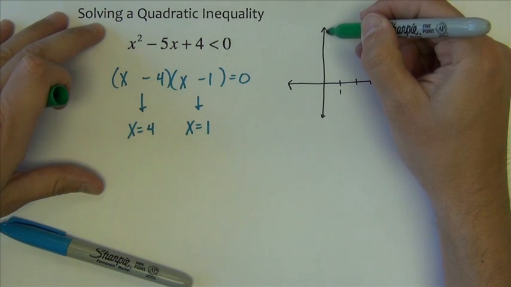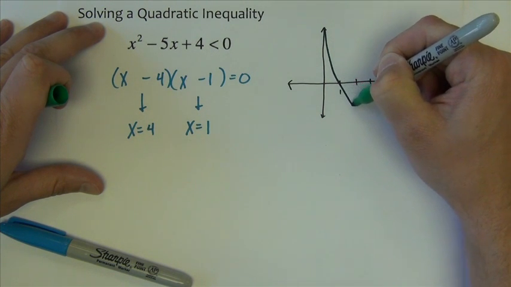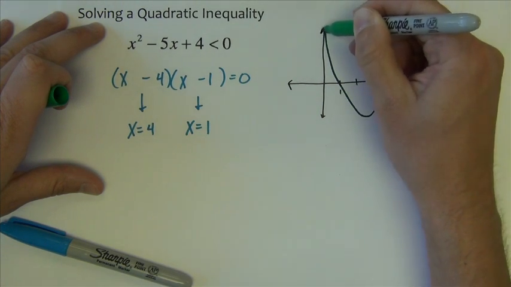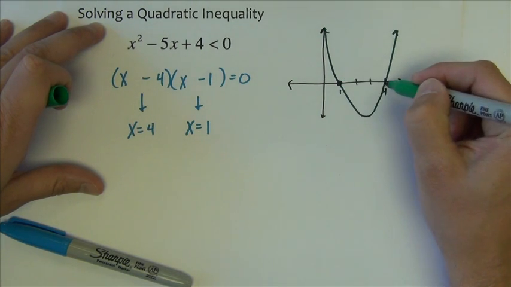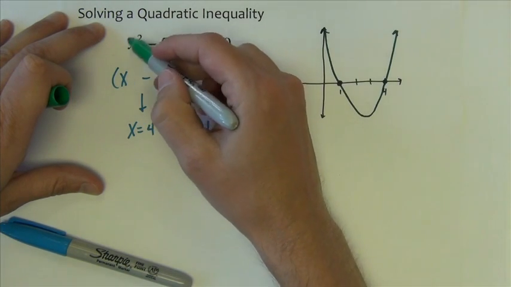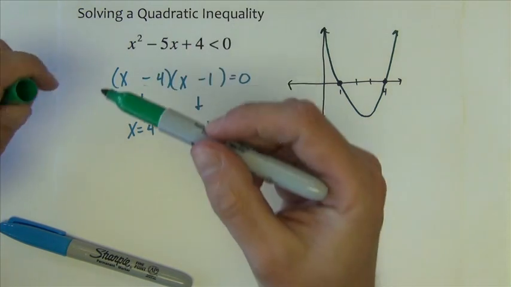So it looks something like this. I know its shape is a parabola because it's x squared. I know it goes up because it's positive x squared. We've all seen enough of these to kind of know what their general shape looks like.